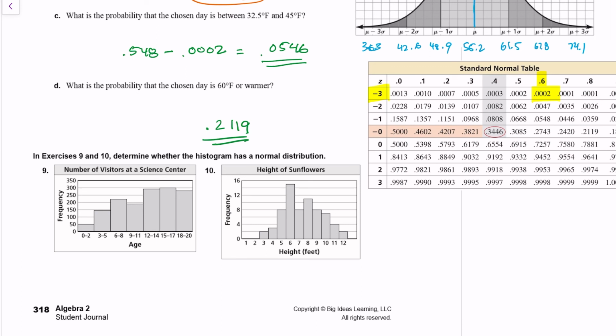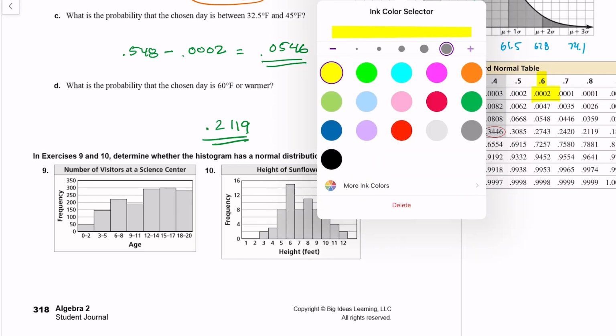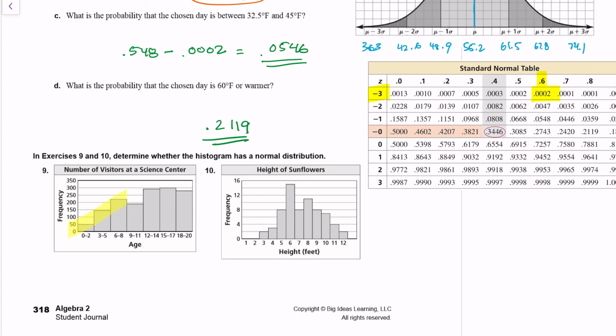Okay, and we want to determine whether the histogram has a normal distribution. Remember, a normal distribution has a bell-shaped curve. So we want to try to find, do we have something that's bell-shaped? If I take number 9 and I follow the way the bar is shaped, from left to right, it goes up and then it stays up.